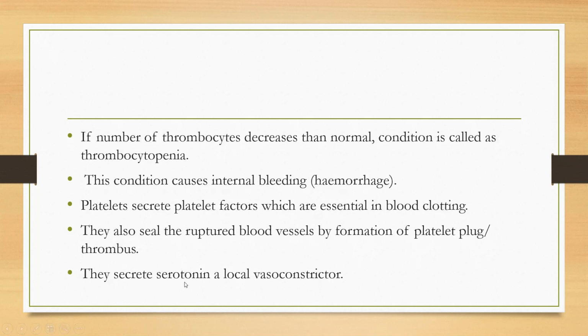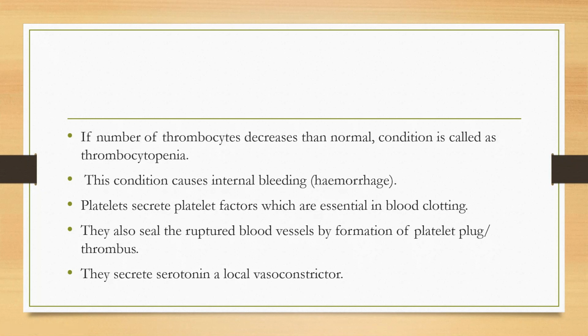They secrete serotonin, a local vasoconstrictor. Serotonin, we studied just now, elevates your mood and creates happiness. But along with that, serotonin has one more function, that it acts as a local vasoconstrictor. Vasoconstrictor means what?